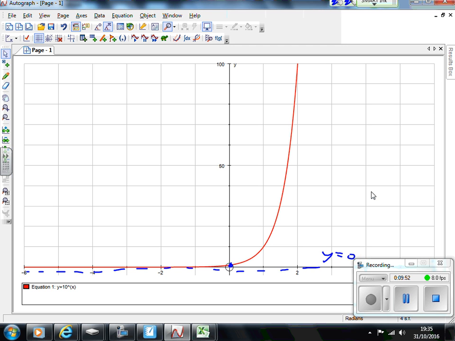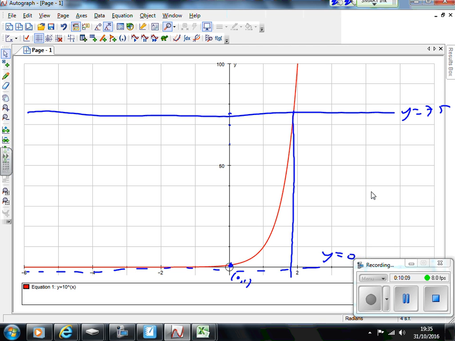Here's our crossing point, 0, 1. And we want to find the x coordinate where this thing crosses at 75. So 60, 70, 75. When y equals 75, it crosses here at x somewhere between 1 and 2. You can see the corresponding x value. But what is that value of x?